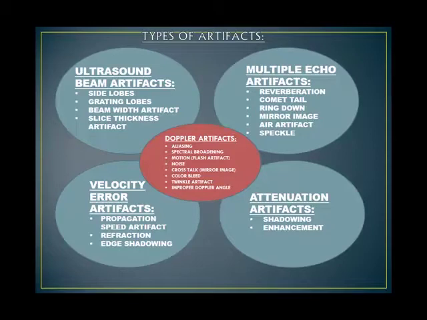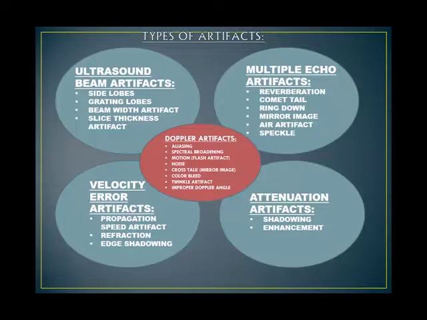So these are the types of artifacts. We can have artifacts from the sound beam. This is where we assume that the sound beam is really thin. We can also get what we call multiple echo artifacts. This is where we're not just getting one echo back for each reflection, but sometimes you get multiple ones back.